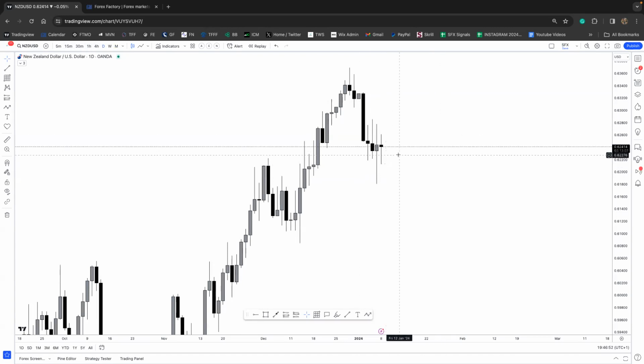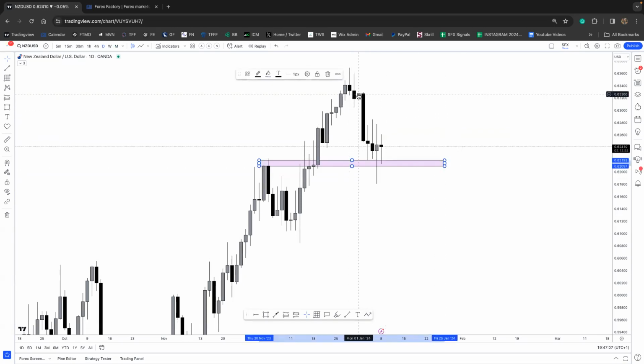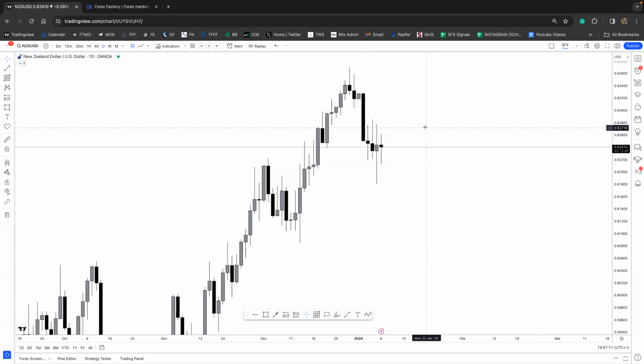So daily, we are rejecting this region. If we drag this previous resistance now acting as support, as you can see, we are currently supporting it and price may go higher, just to cover this imbalance and reject this daily order block that opened on the first day of the month and the year.